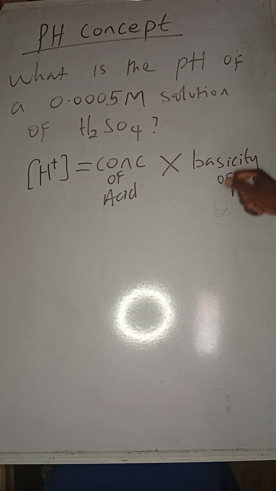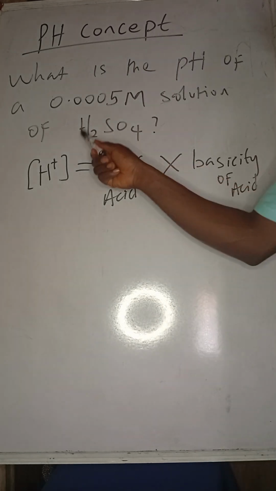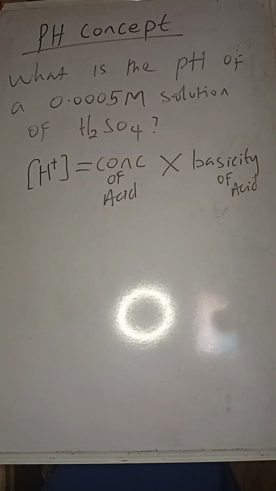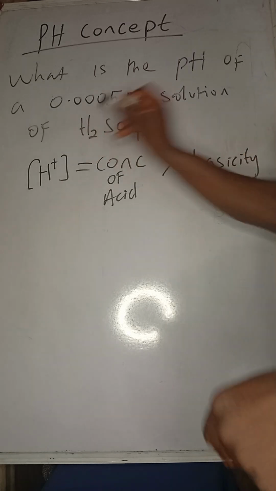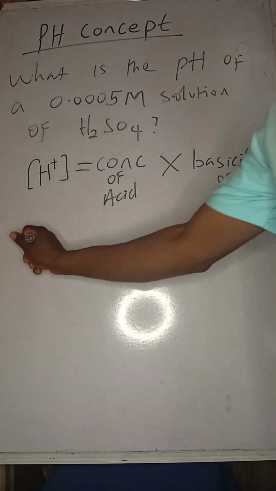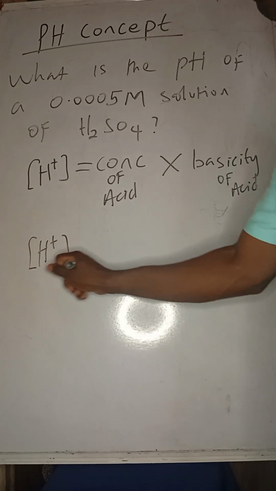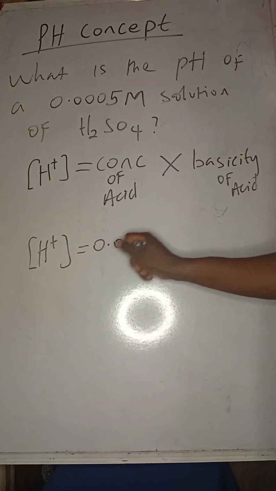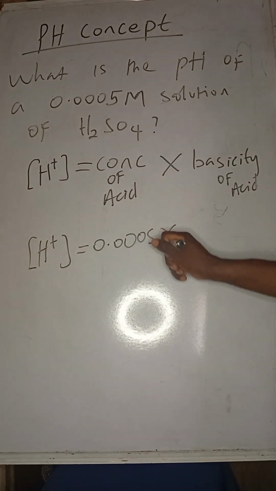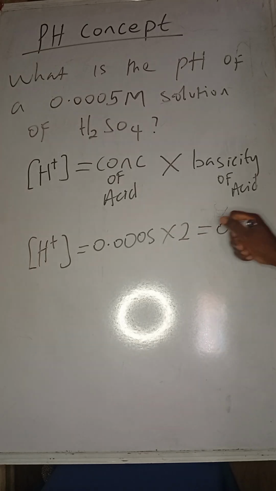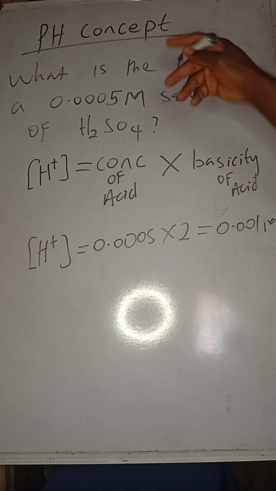Basicity of an acid simply represents the number of replaceable hydrogen ions in that acid, and the number of replaceable hydrogen ions in this acid is 2. So the concentration of hydrogen ion in this acid will be 0.0005 times 2, which gives me 0.001.